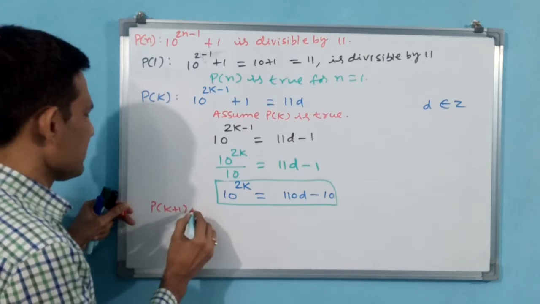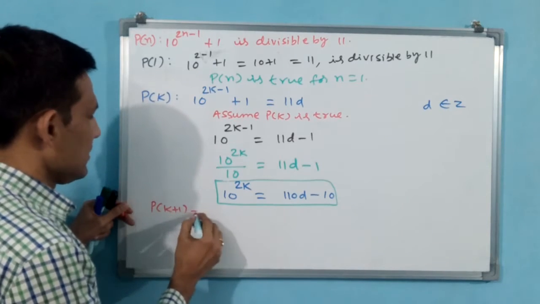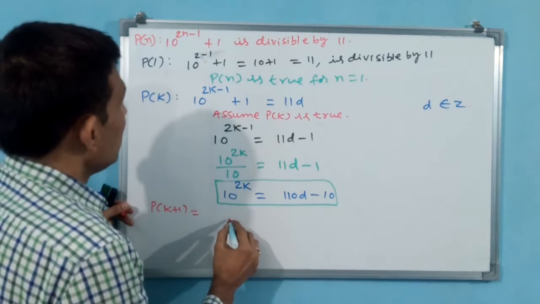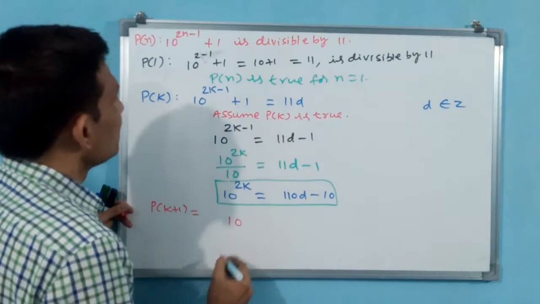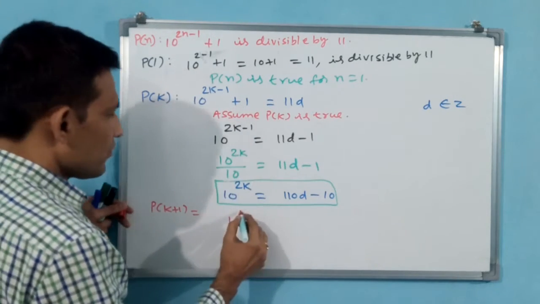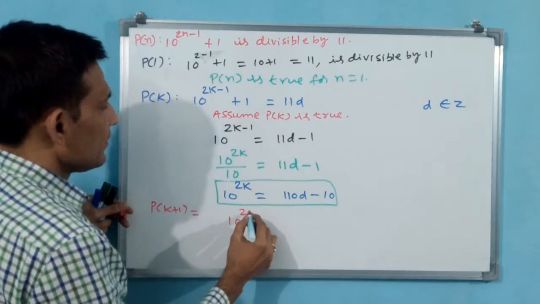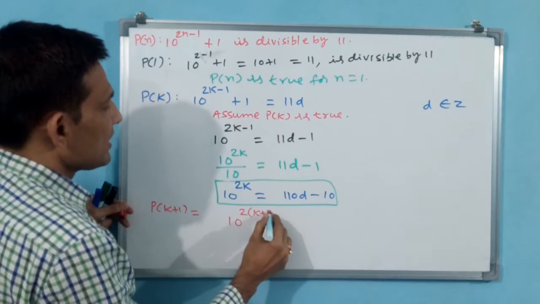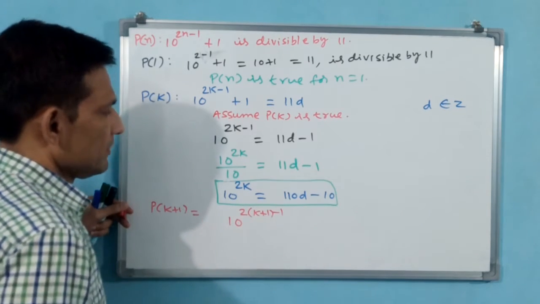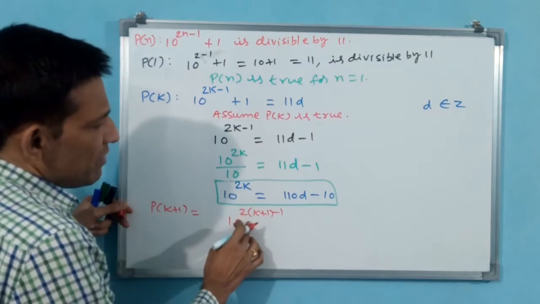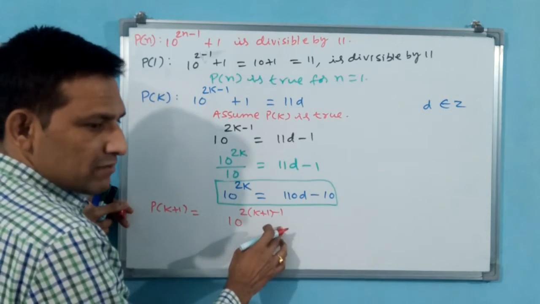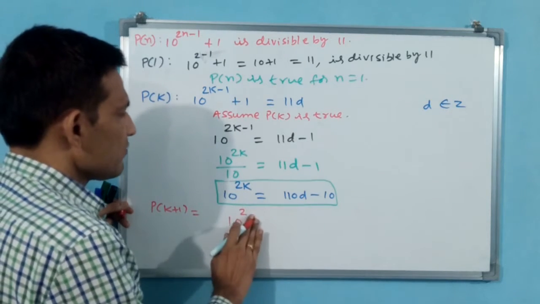P of k plus 1 is equal to. Now you write 10 to the power of 2 into k plus 1 minus 1. Okay. 2k plus 2 minus 1. Plus 2 minus 1 is plus 1. Directly you write 2k plus 1.